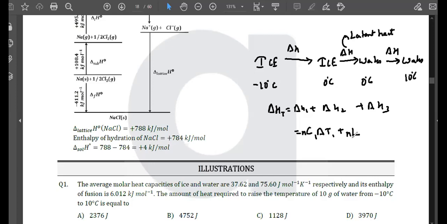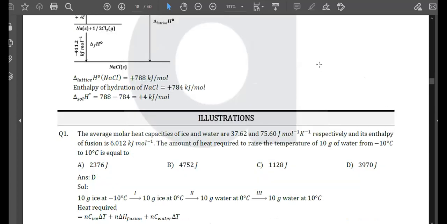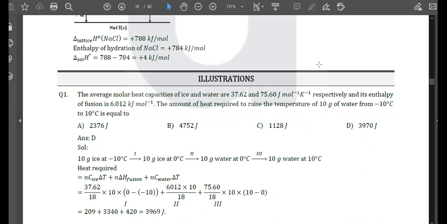L is your enthalpy of fusion, or latent heat of fusion, plus nC2 delta T2. That's what you have to do, right, everyone? I hope all of you understood this. So let's see, that's what has been done. So the answer is D. Check, everyone. All of you got this answer? Got the concept, right, everyone?